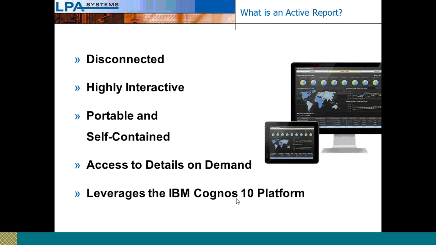Active report content respects all existing IBM Cognos platform security features. So when a user in Cognos Connection runs an active report, or when an administrator schedules and bursts one, all role-based security policies are honored so that each user will consume a reporting application that contains only the data they are authorized to view.